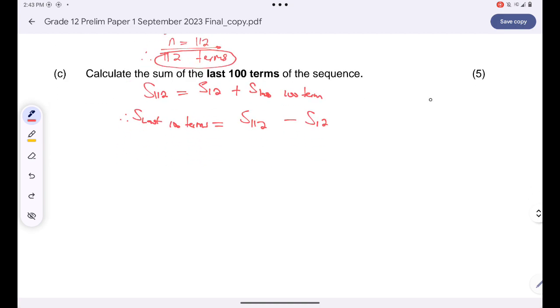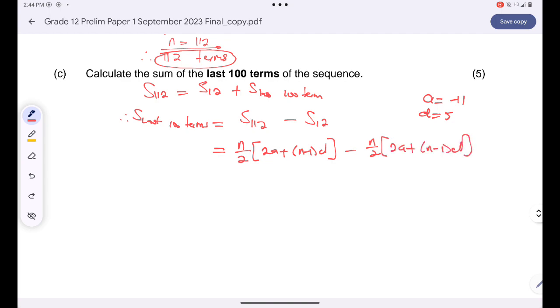I do know the value of a, that's negative 11, the value of d, that's 5, right? So over here I'll have n over 2, there's 2a plus (n minus 1)d, minus n over 2, there's 2a plus (n minus 1)d. For the sum of the first 112 terms, n is just 112.